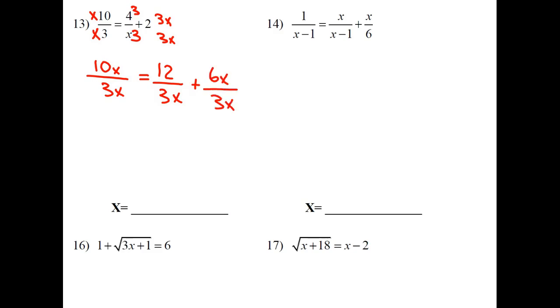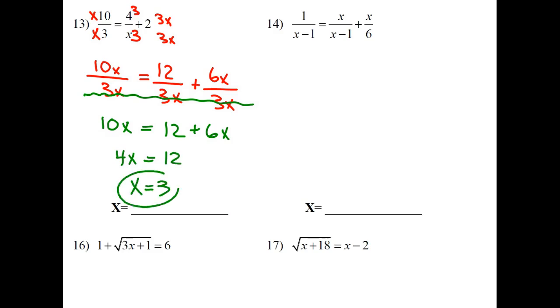So you get all the denominators to match, and then you don't have to worry about them anymore. So now we have 10x equals 12 plus 6x. Solve that for x. Get all the x's on one side. We have 4x equal to 12, so x equals 3.